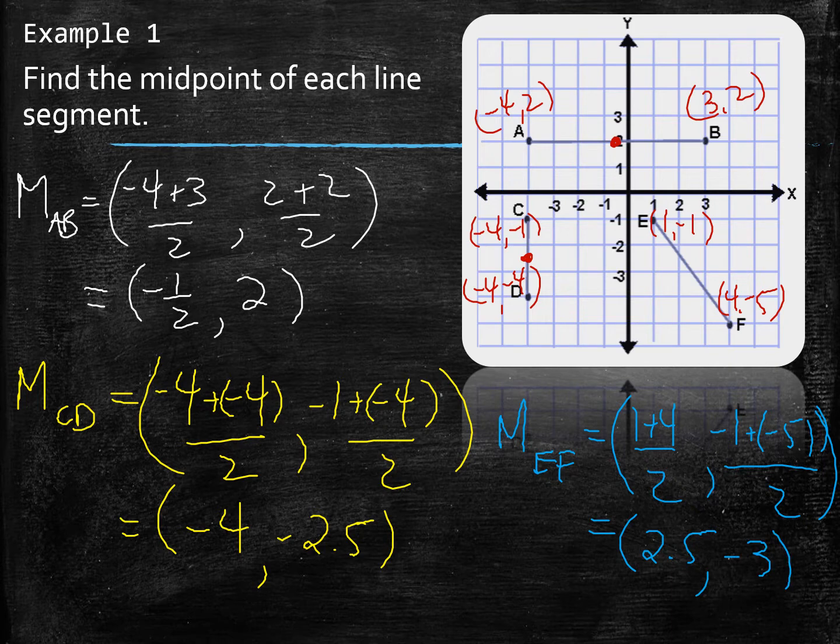And you can see for the last two, I wrote it as negative 2.5 and 2.5. If you want to write it as negative 5 over 2 and 5 over 2 for this one, you can, just to show you that you can write it as decimals or you can leave it as fractions. I'm assuming most of you prefer decimals, that's why I switched it up. And then double check to make sure that point's on the line. So 2.5 and negative 3 definitely is on my line. Does it look like it's in the middle? Yes, it is. We can be reasonably certain that that probably is our midpoint.